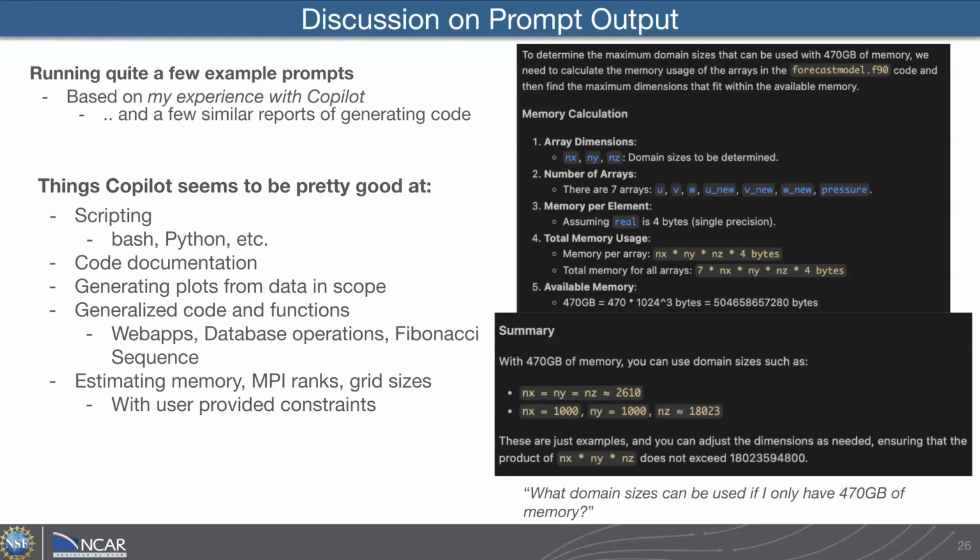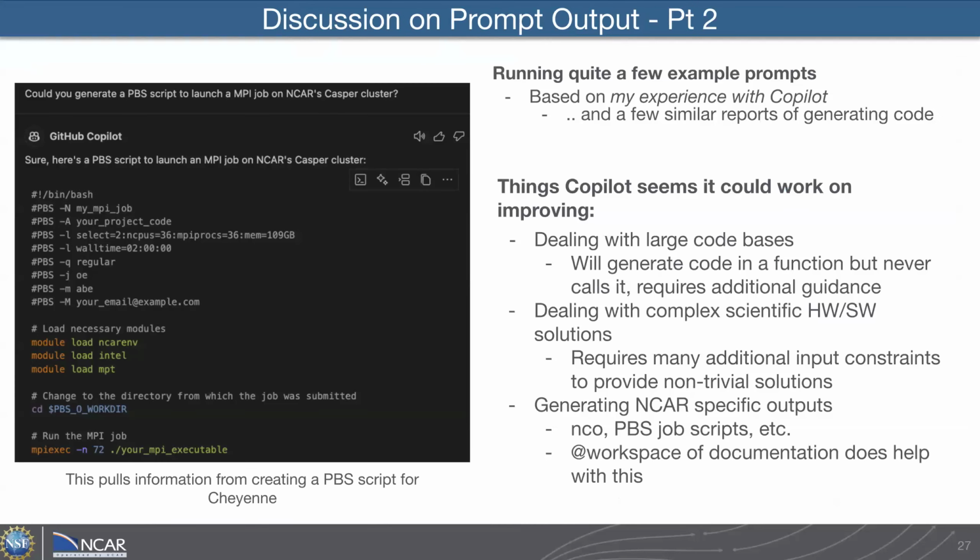So other things that I found maybe not great or has some difficulty, requires a lot of help from the user to fix the code. Anytime the code becomes pretty complex, multiple files, if there's anything with scientific specific code, it has a difficult time getting beyond those non-trivial solutions.